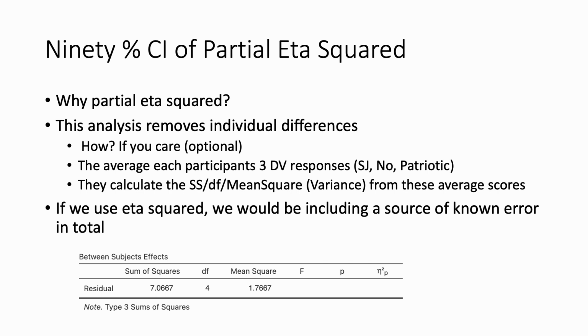We should remove them from our total part of the calculation. It's really total sum squares, but we don't need to know that. And if I used eta squared, I wouldn't be representing my data in the most accurate way. I'd be including quantified error in total. That's not good. So we don't do that.